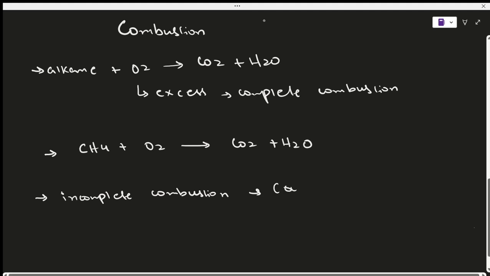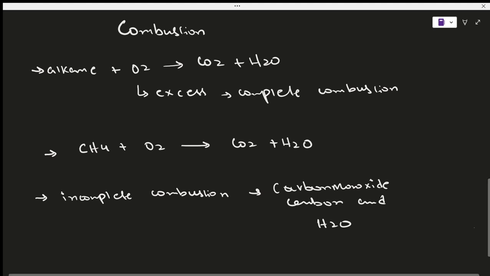You are going to have carbon monoxide, carbon, and water. This is all you need to know about incomplete combustion. They won't ask you to write the equation for this, and they won't ask you to make reaction equations with different alkanes. This is the only thing you need to remember with incomplete combustion.